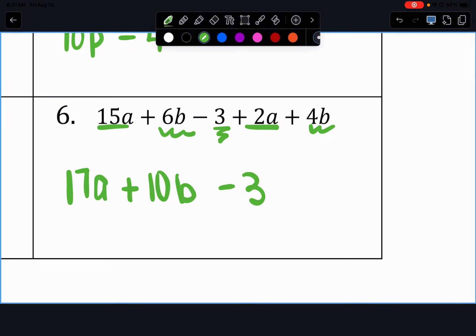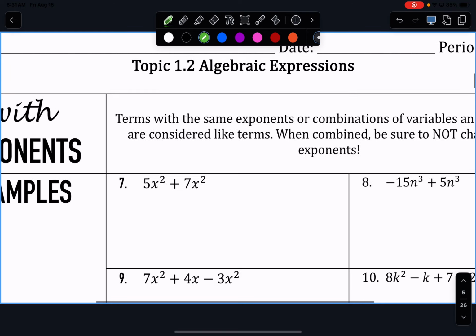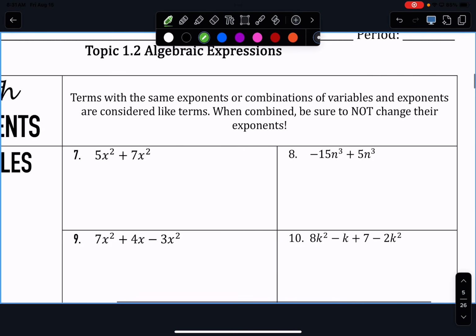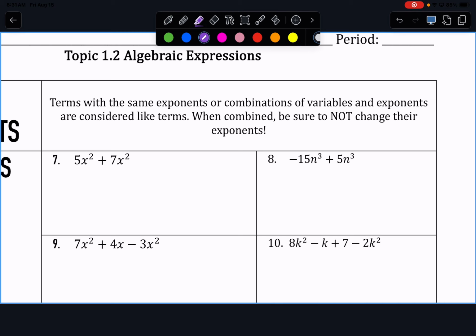All right, now we can also look at terms with exponents. If your terms have the same exponents, or combination of variables and exponents, they are considered like terms. When we add and subtract terms with exponents, we do not change the exponents.